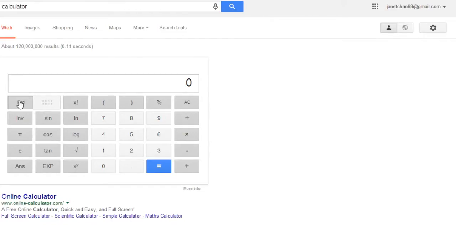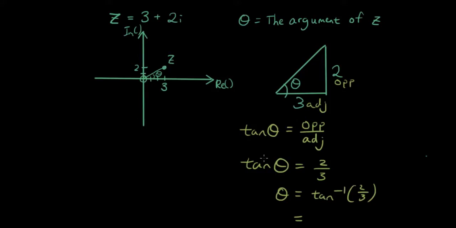So put it in degrees, inverse tan 2 over 3, and you get 33.69 degrees. Okay, so that is called the argument of z.